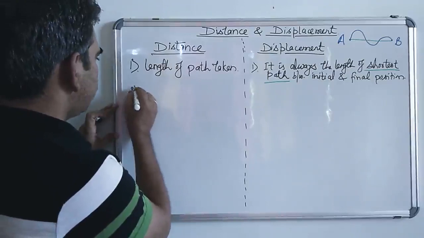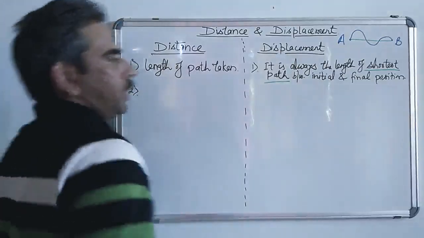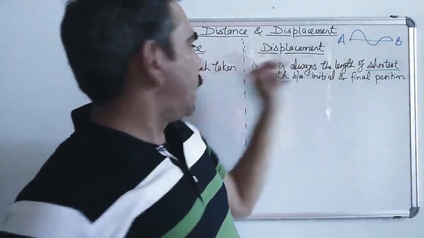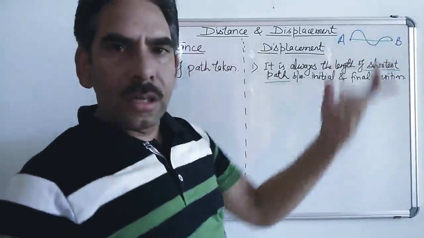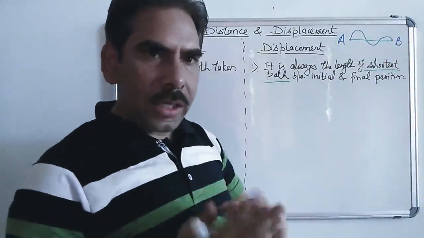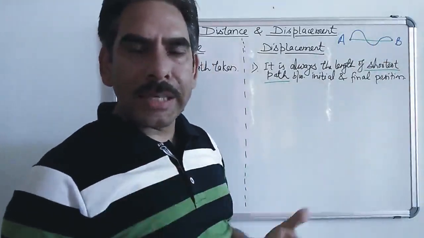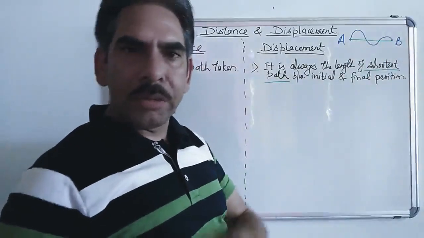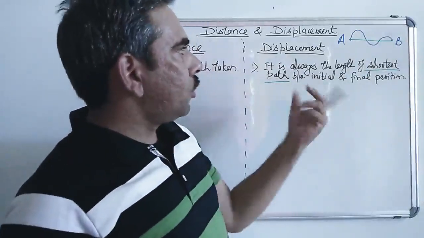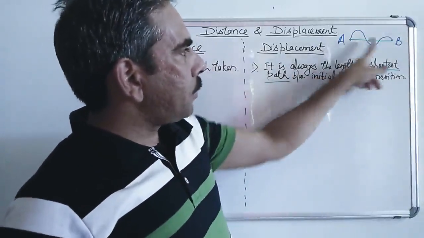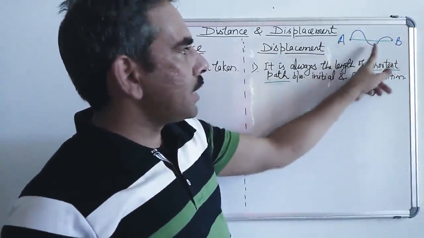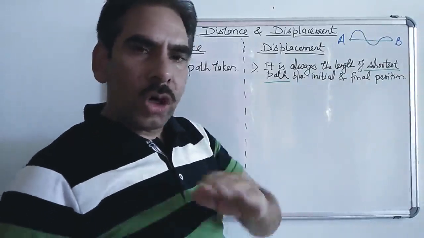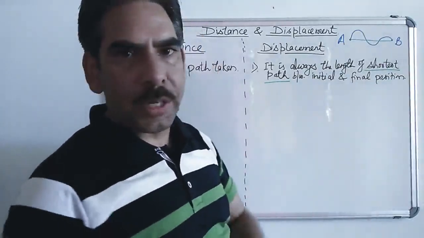Second point of difference, if we observe carefully: distance is the length of the actual path that has been taken. There can be any number of paths between A and B, between the initial position and the final position. In every path except the straight line path, the distance is different, but all these values of distance will always remain greater than the displacement.